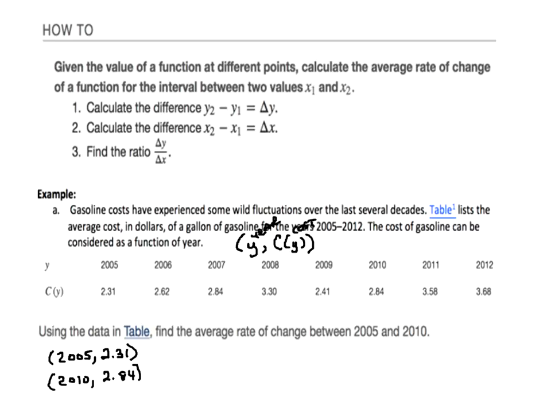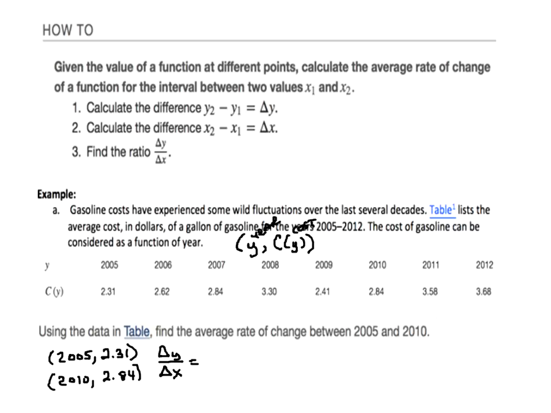Now I just need to plug them into my formula for rate of change and simplify the ratio. So I have delta Y over delta X. So this is the difference between my Y values. And you just have to be consistent. So if I'm going to subtract the bottom from the top, I need to do that both in the numerator and the denominator.